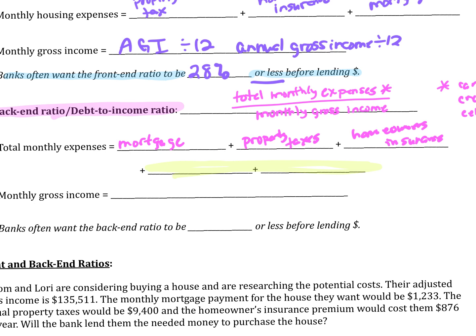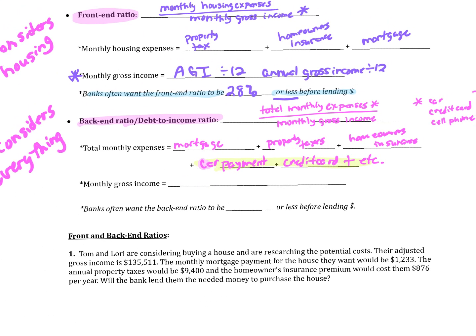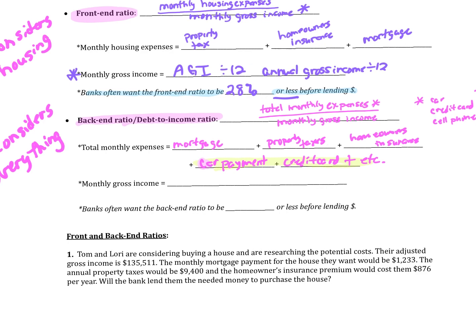So car payment, plus credit card, all of that kind of stuff that I mentioned over here. All right, plus, etc. And once again, your monthly gross income is that AGI divided by 12.